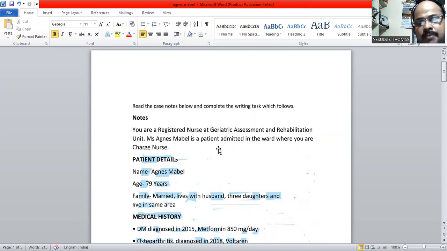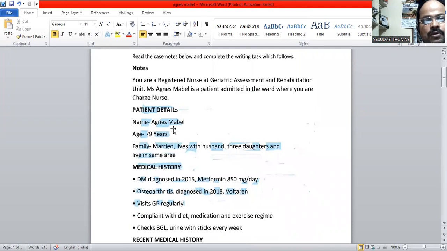Mabel is admitted in the ward where you are a charge nurse. So she is admitted in the unit itself, I mean in the ward. You are a registered nurse at the geriatric assessment and rehabilitation unit.